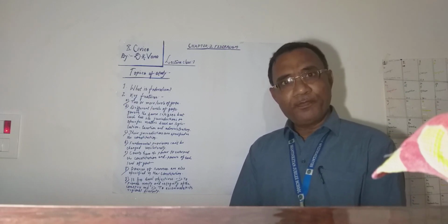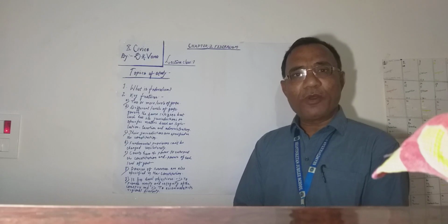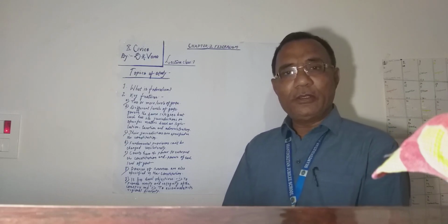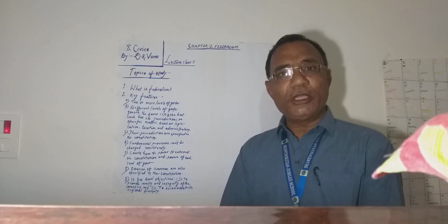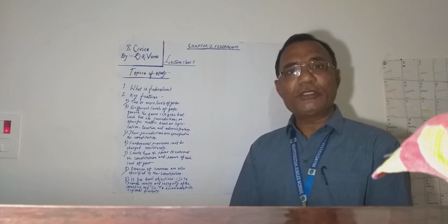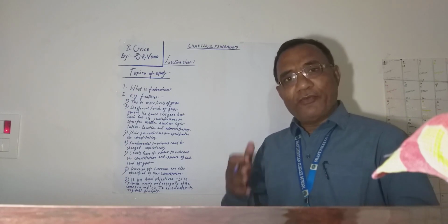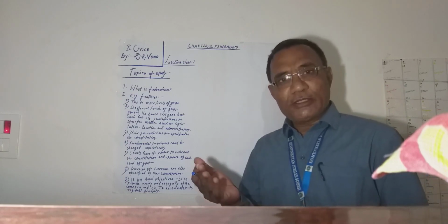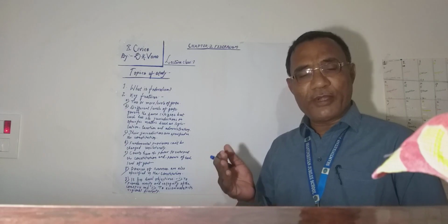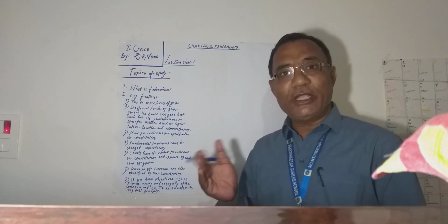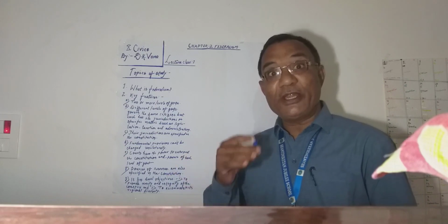Once again, federalism is a system of government in which powers are divided between a central authority and various constituent units of the country. Students, whenever we discuss this definition of federalism, we come to know that various constituent units of the country means different states.